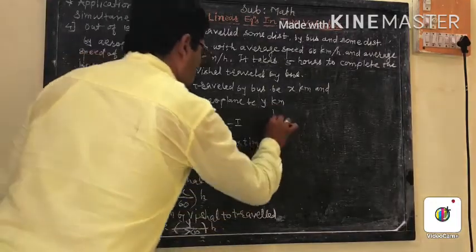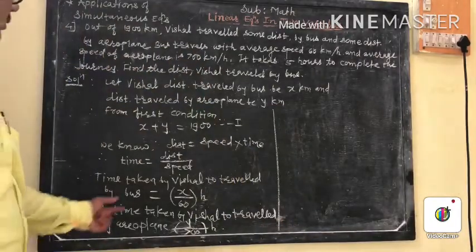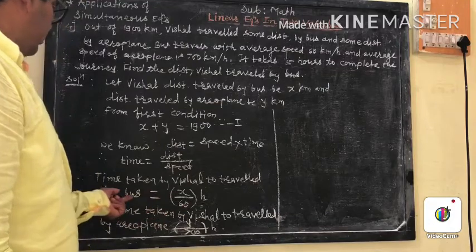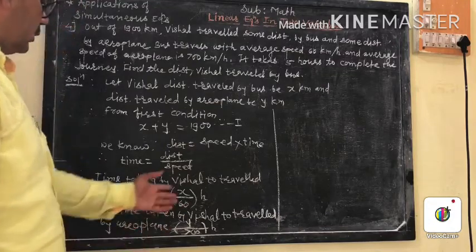Now you have the time taken by bus and the time taken by aeroplane for the given distances.